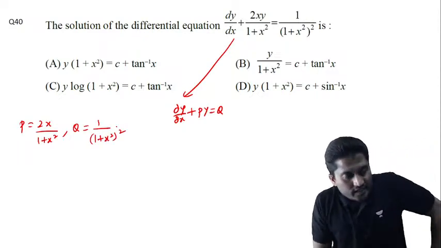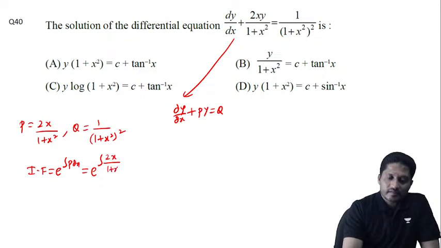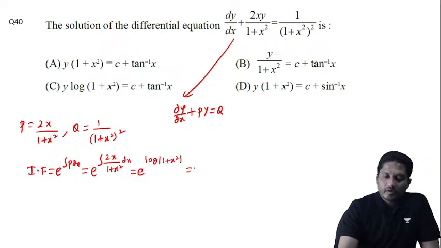Integrating factor is e power integration of p dx, e power integration of 2x by 1 plus x square. E to the power of, you differentiate the denominator, you get the numerator, log of 1 plus x square. E power log x is x, you get 1 plus x square.